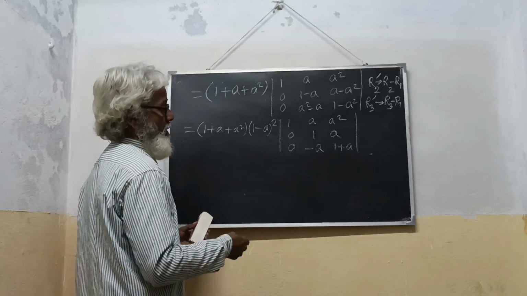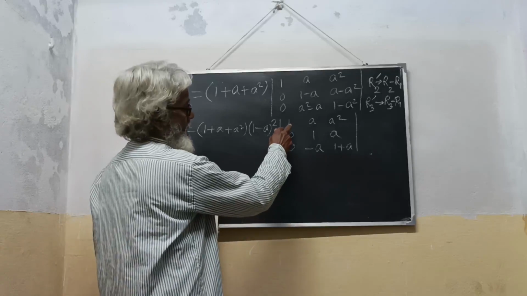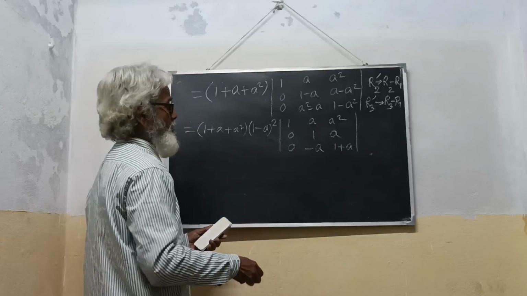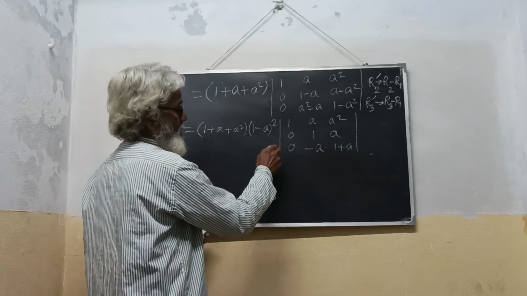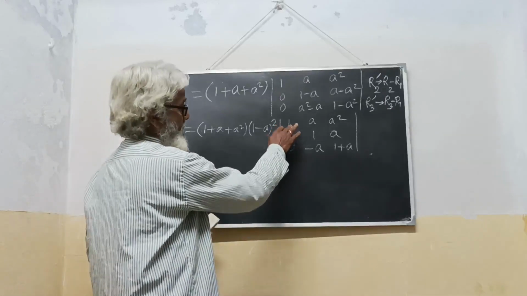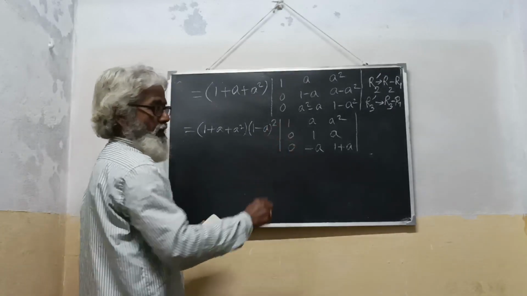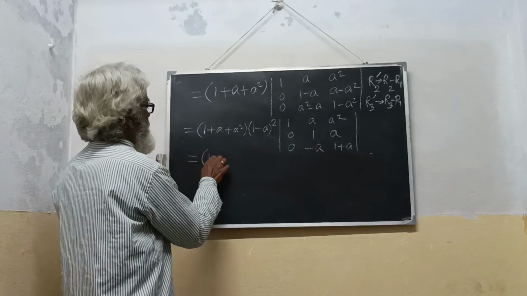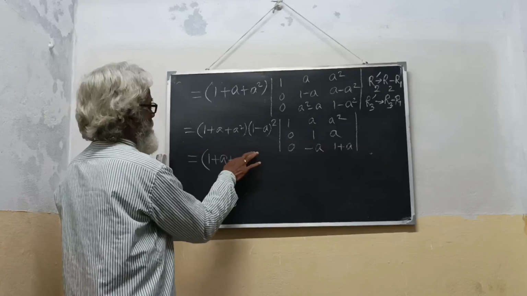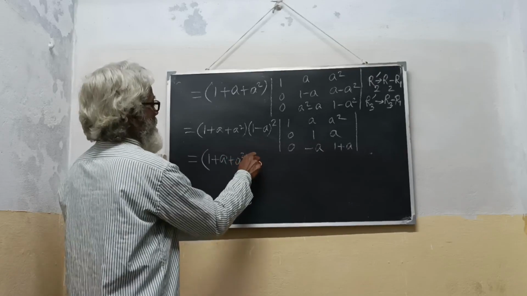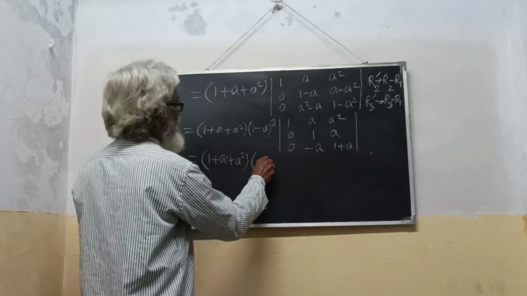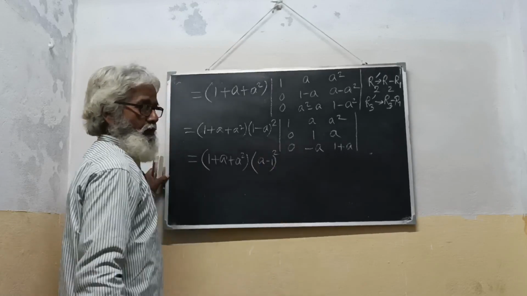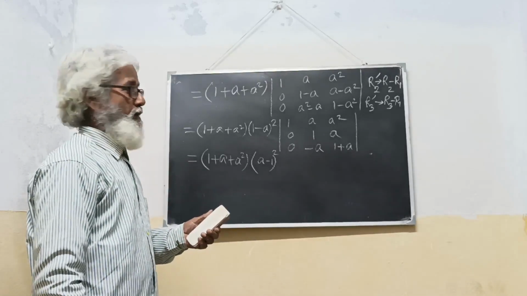I have already told that one may expand either considering the elements of the first row or of the first column. Here, since there are 2 zeros in the first column, we expand the determinant by considering the elements of the first column to get 1 plus a plus a squared. You write this (a minus 1) whole squared, because (a minus b) whole squared equals (b minus a) whole squared.